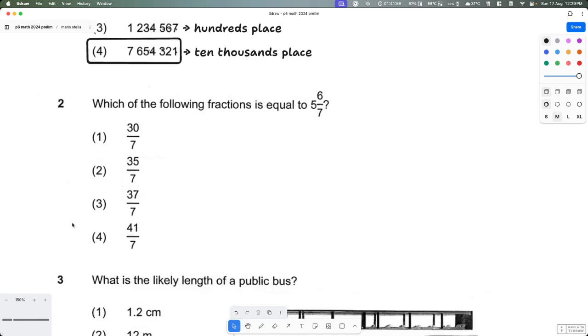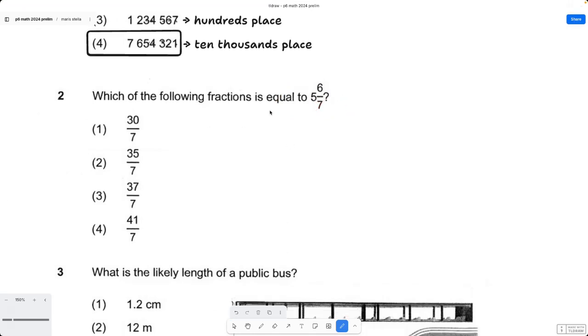Question number 2. Which of the following fractions is equal to 5 6 out of 7? If you want to convert to an improper fraction, it will become 5 times 7 plus 6 over 7.